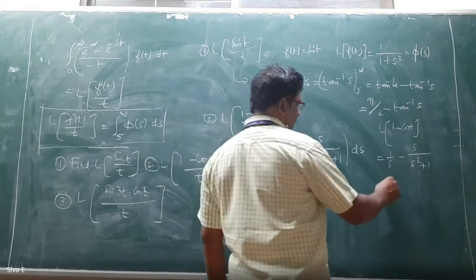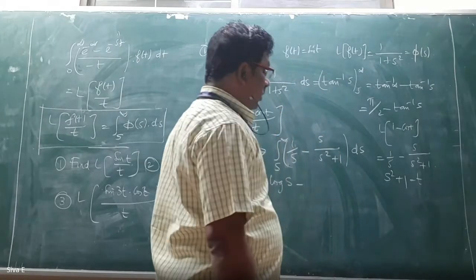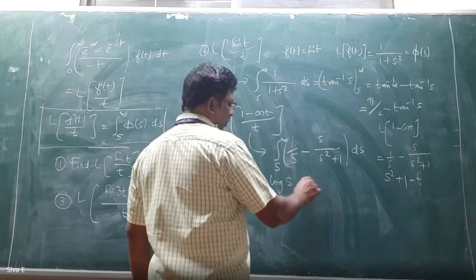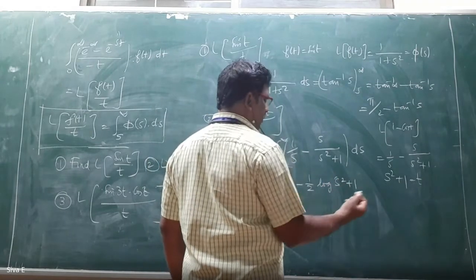If you substitute s square plus 1, it gives 1 by 2 log of s square plus 1.